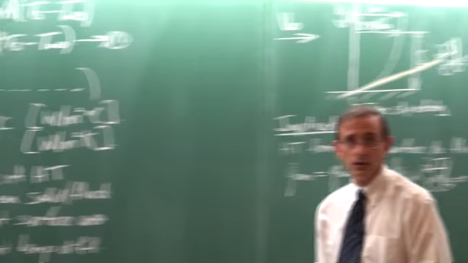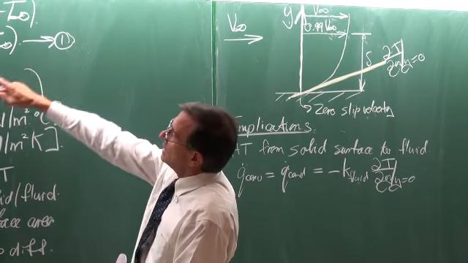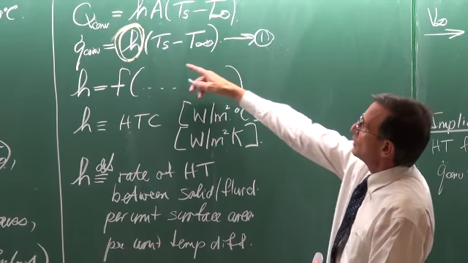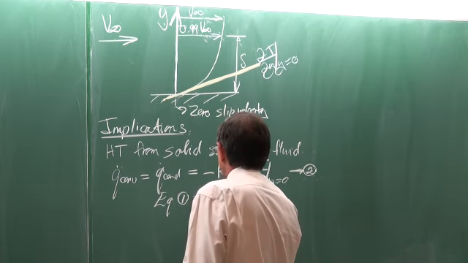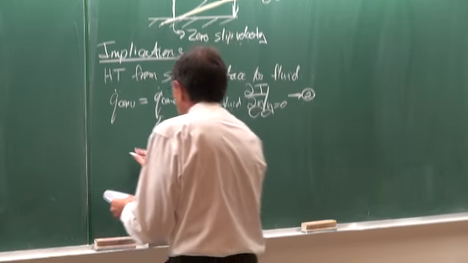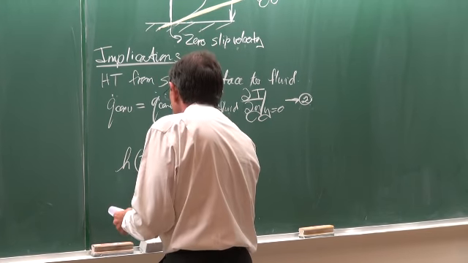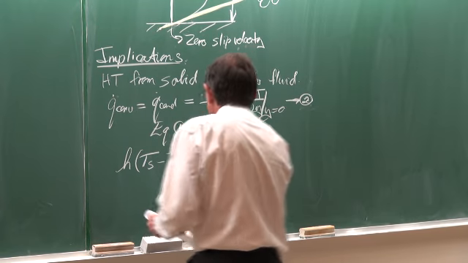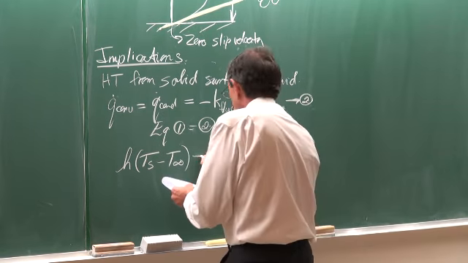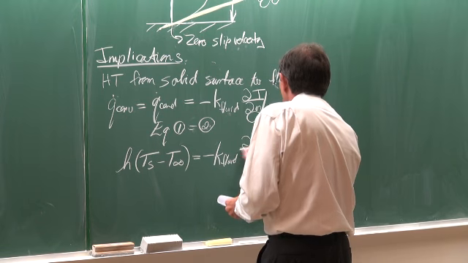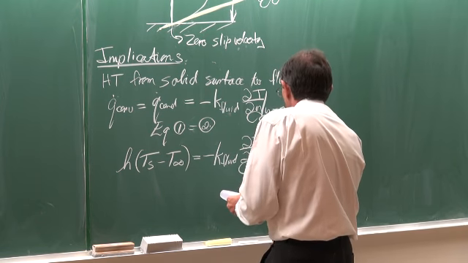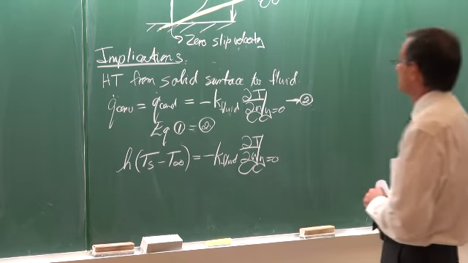Now from this, let's call that equation 1, the equation of convection heat transfer. Convection flux is equal to the heat transfer coefficient multiplied by Ts minus T infinity, and this one is equation 2. So let's equate equations 1 and 2, and we get that the heat transfer coefficient multiplied by Ts minus the free stream temperature is equal to minus the thermal conductivity of the fluid multiplied by partial dT/dy, where y is equal to 0.